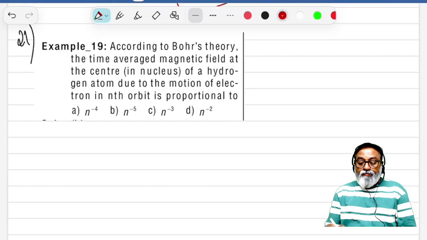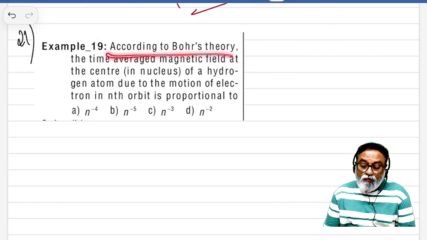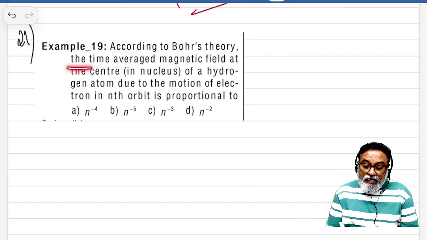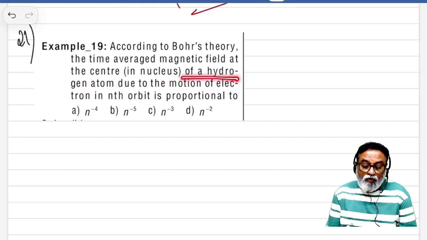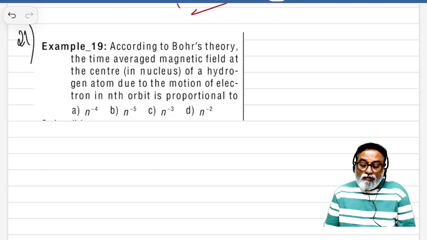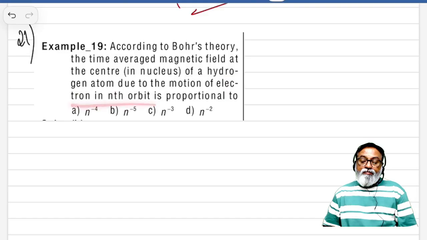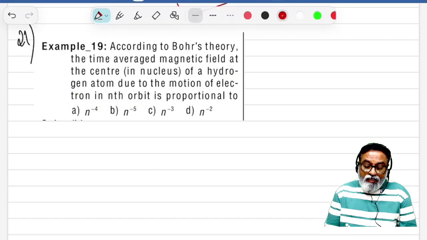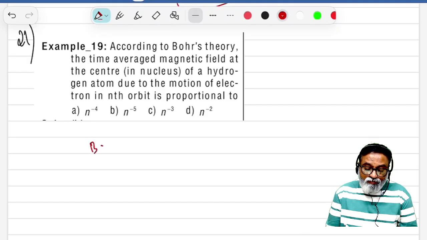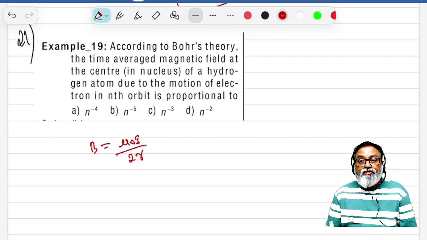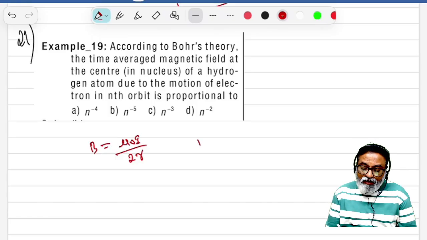And this is also very important. According to Bohr's theory, the time averaged magnetic field at the center of the nucleus of hydrogen atom due to the motion of electron in nth orbit is proportional to what? See, here at the center of the nucleus, magnetic induction B is equal to mu naught I by 2r. But if the electron is revolving in a circular path, equivalent current I is equal to eV by 2 pi r.